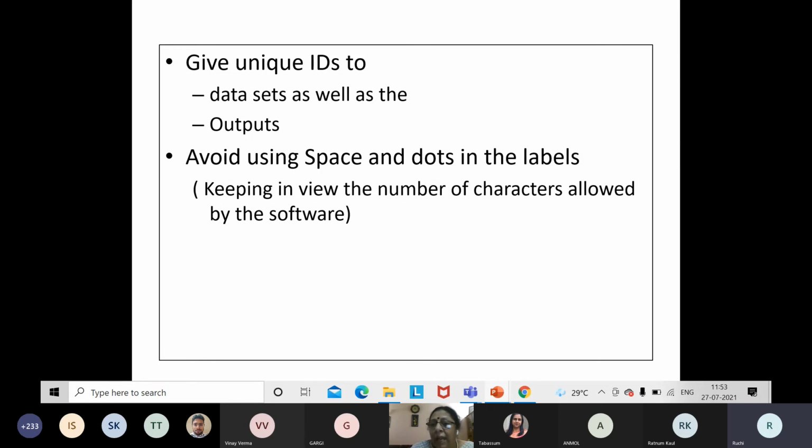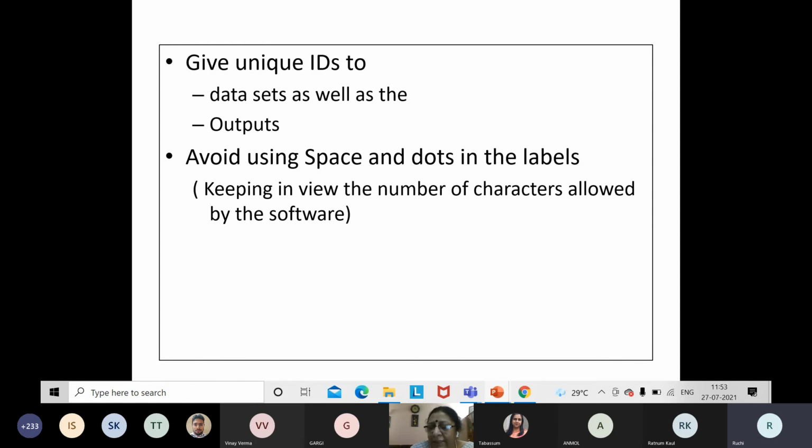No. After some time, in some months or in years, if you do not give a unique ID to each of your data sets as well as to each of your results, you will be confused, you will be in a mess. So make it a practice. Make your own codes where just by looking at the label, you know which experiment, which data set this particular file is about. That is something you have to develop as a habit from the very beginning itself.